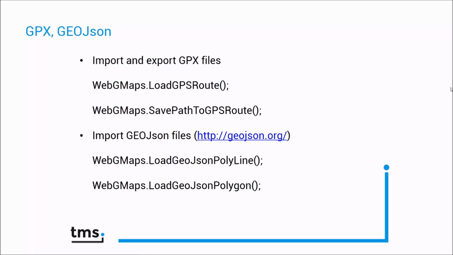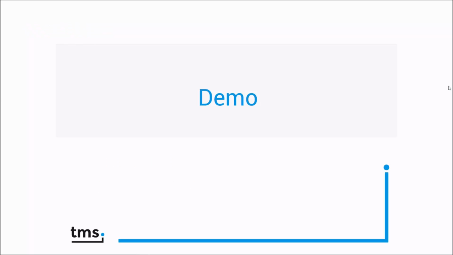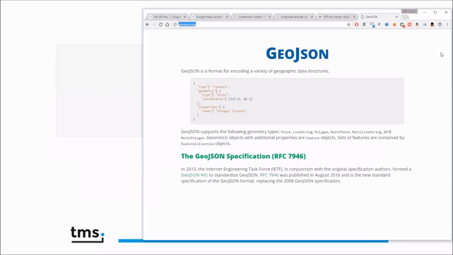GeoJSON files are a standard file format that deals with saving geometries in JSON format, geometries that you can load into Google Maps via the Load GeoJSON Polyline or Load GeoJSON Polygon. And so, first of all, I want to show you here the source of the GeoJSON specification at geojson.org.